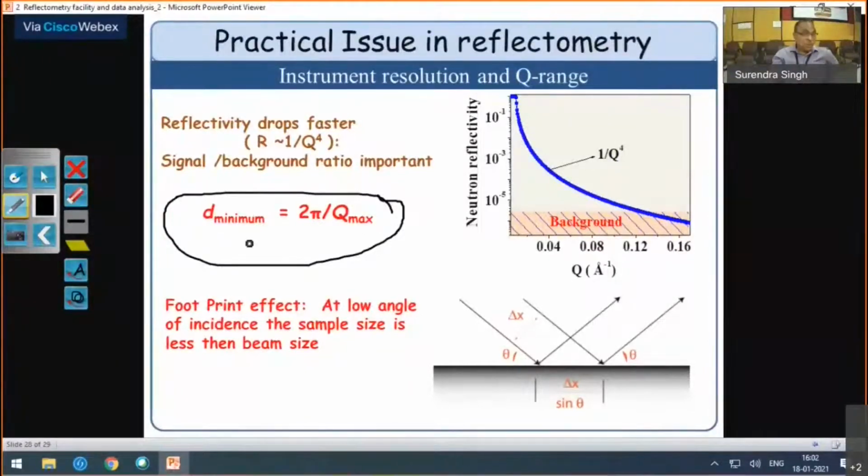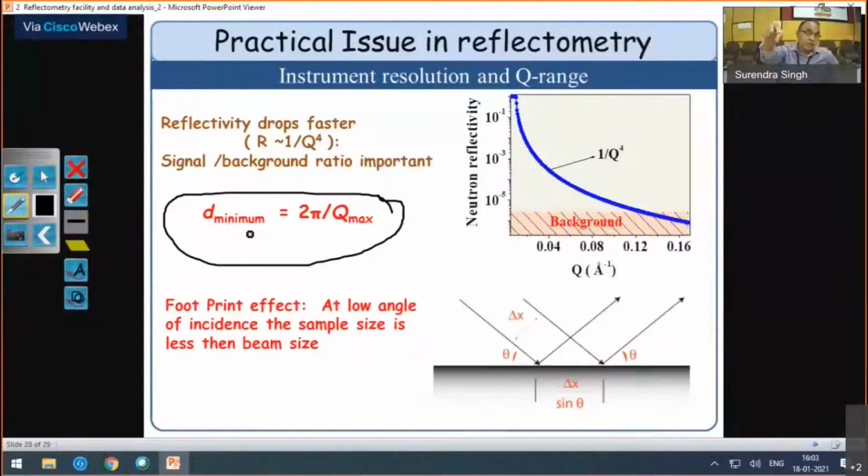Okay, this is only valid when we have a single film on a substrate, like a nickel film on a substrate. If you have a multilayer, this doesn't hold, because then you have other layers. Basically this D, as I said, comes because of the phase changes. When we put a single layer on the substrate, the interference in the reflected beam comes because of the path difference between neutrons reflected from interface 1 and interface 2.